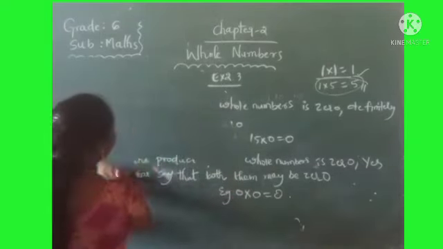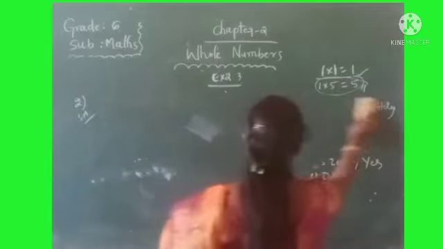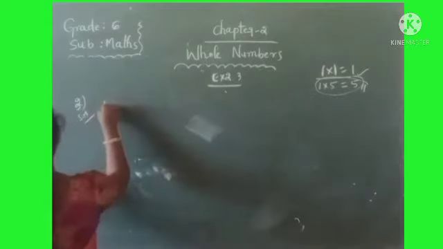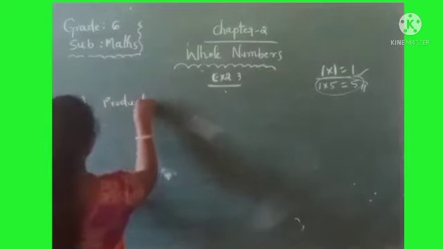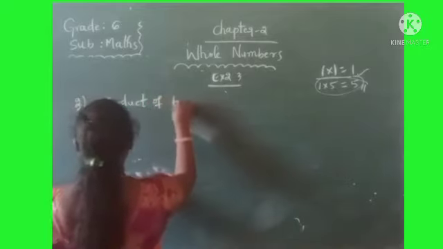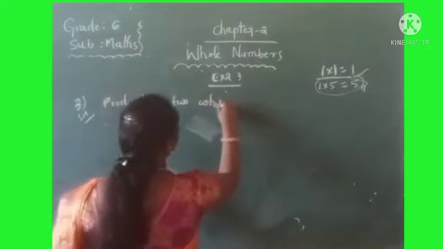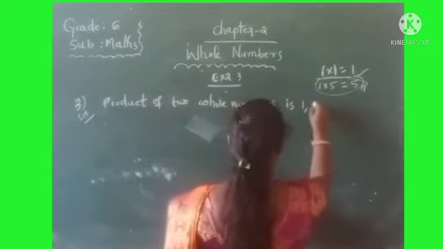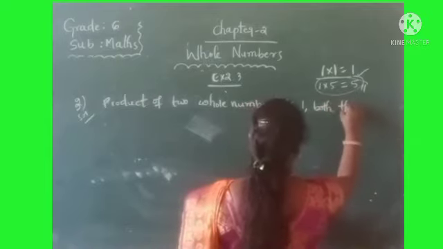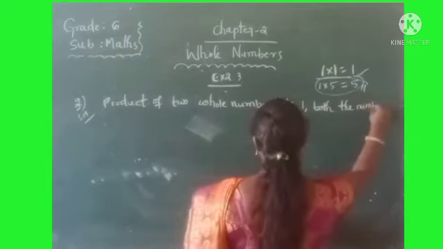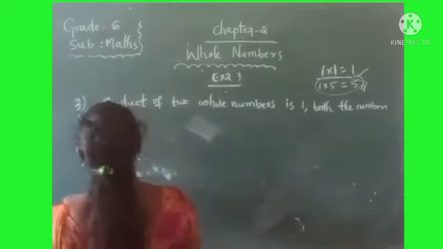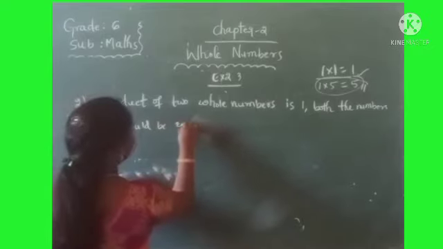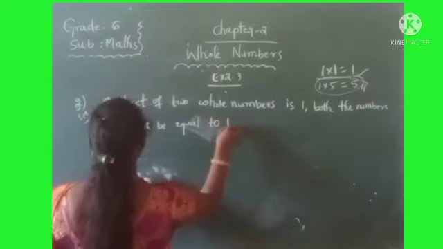Write that solution. The product of two whole numbers is 1. Both the numbers should be equal to 1.